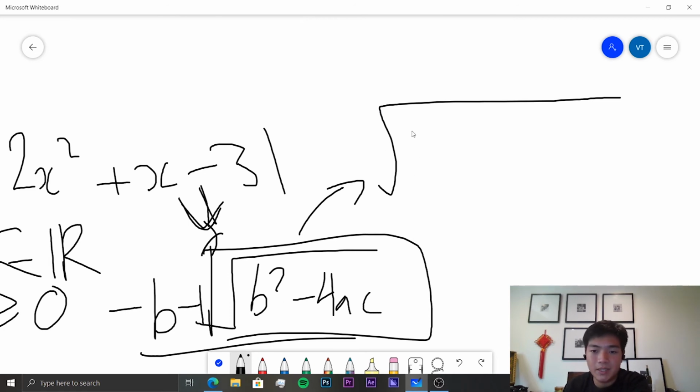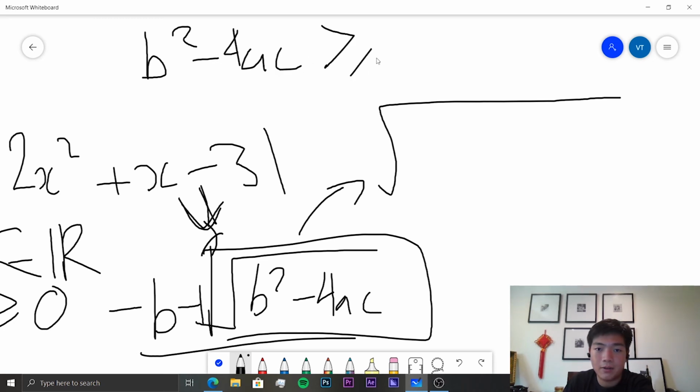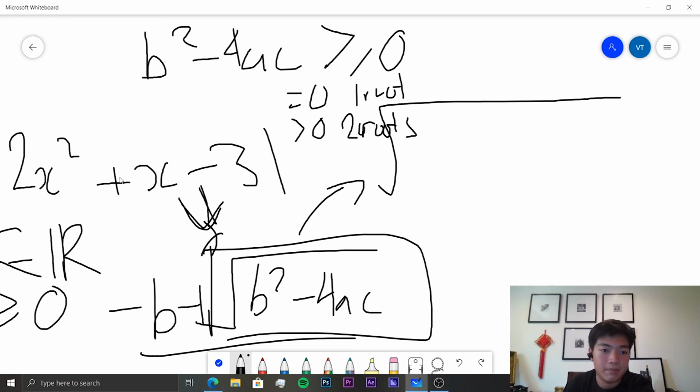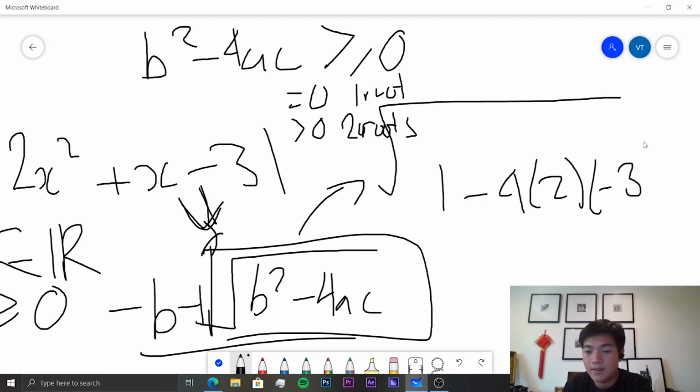For this to have a real number root, b squared minus 4ac must be greater than or equal to 0. If it equals 0, there's one root. If it's greater than 0, there are two roots. So let's quickly check that. b squared is 1, minus 4 times 2 times negative 3 is definitely greater than 0. It's 1 plus 24, which is 25.